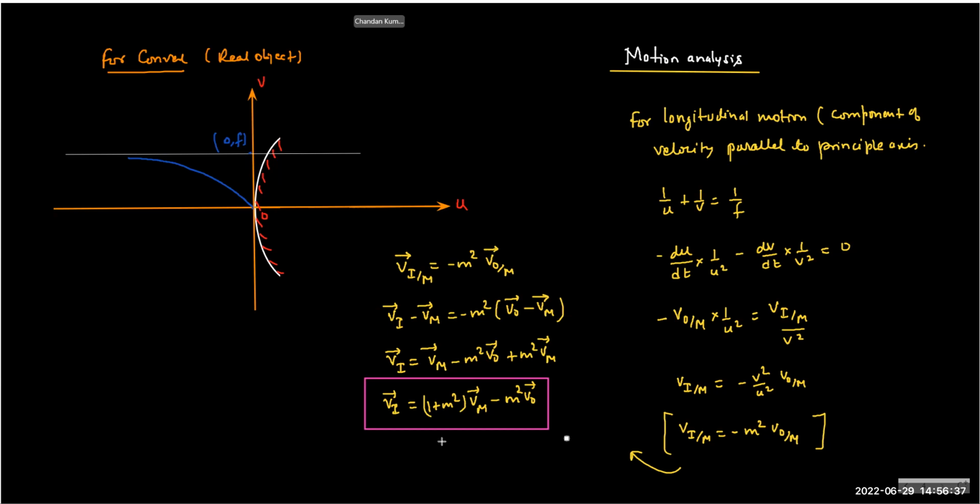And you can find the m for a given instant, because at every instant m will keep on changing.